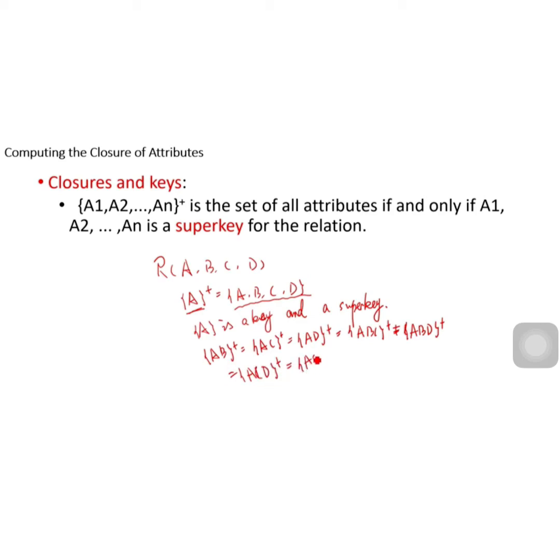For all the sets including A, the closure of these sets is ABCD, because A functionally determines ABCD, then AB functionally determines ABCD, and so on.